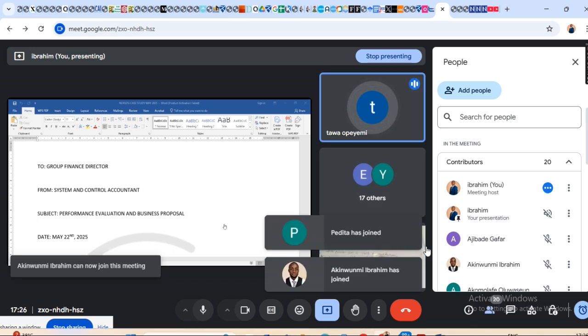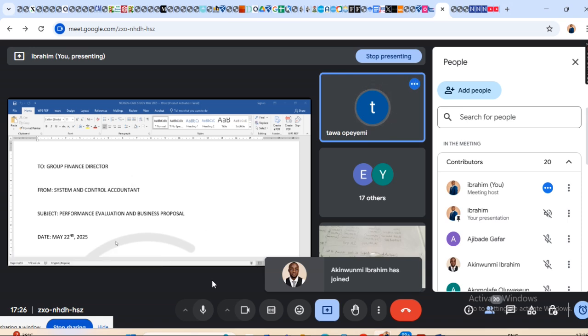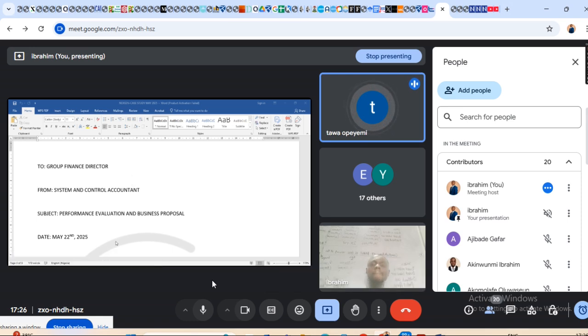Hello, sir. You are mentioning some topics that we need to look at under SME. For those of us who did not do skills level and foundation level, can you please expatiate more on that? Because of our time, I will not be able to do that. But the only thing I can do for you is to send the study pack for the models.